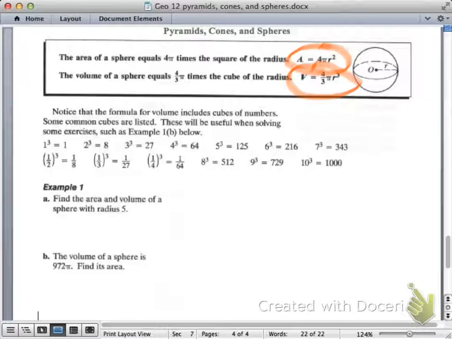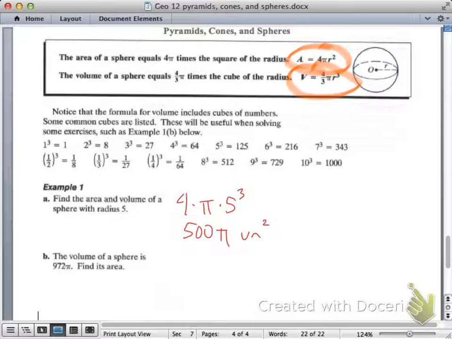This is exactly what I want you to do. So how are you going to find the area? It's going to be 4 times pi times 5 to the 3rd power. So it's 4 times pi times 5 times 5 times 5. 4 times 5 times 5 times 5 is 500 pi units squared.